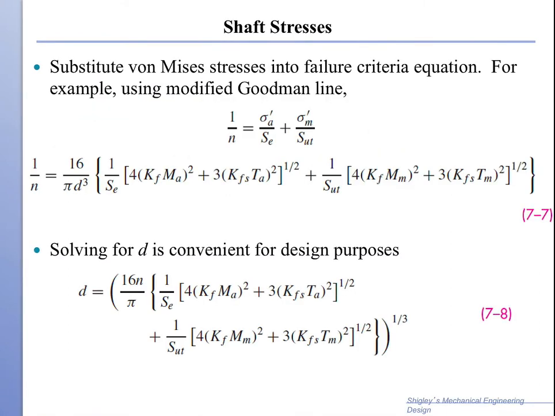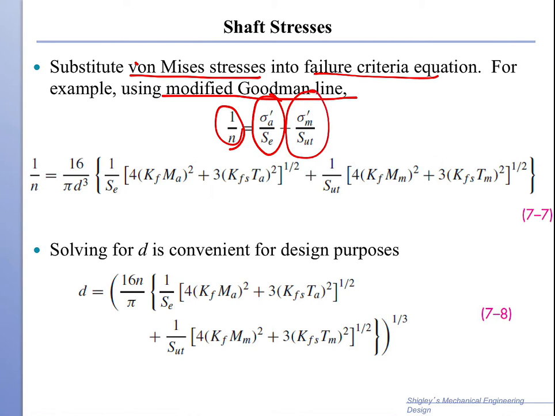When we design now the shaft for stress, we can use the von Mises stress, and we substitute it into, for example, any of the failure equations, the criteria equations. For instance, the modified Goodman line gives us a factor of safety once we have the alternating over endurance and the mean over the ultimate. And here, this is designed for infinite life.